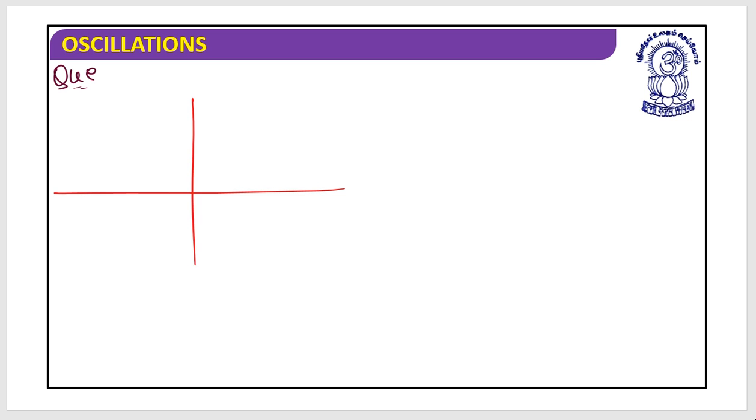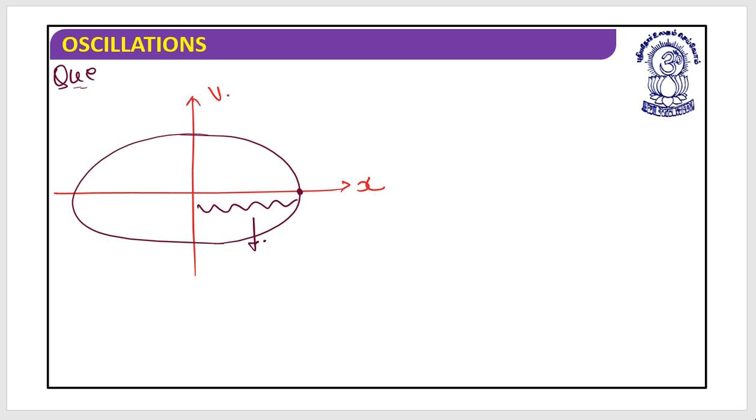Let's suppose I have been given the graph of velocity versus x, and the graph is given like this. This value is 10 and this value is, let's say, 5.